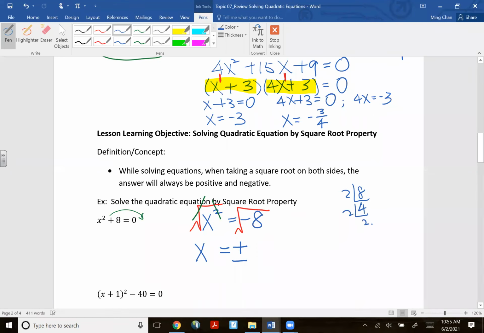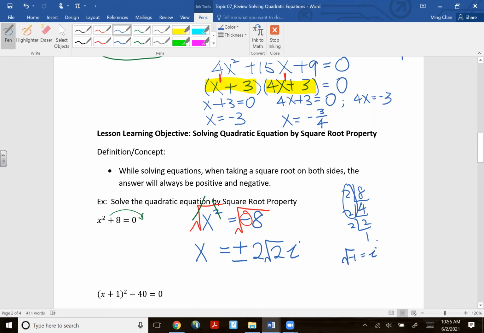If I break down the 8, that should be 2, 2, 2, right? Take 2, 2 to go outside as 1. The other 2 stays inside the radical. So square root of 8 should be 2 times square root of 2. All right, square root of a negative 1, that's when I should get an i, right? Square root of negative 1 is i.